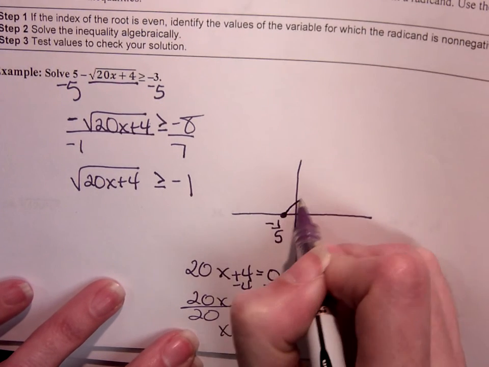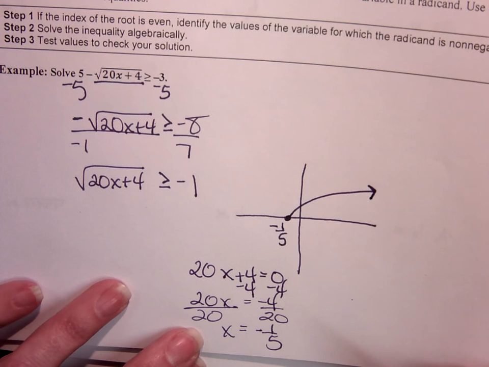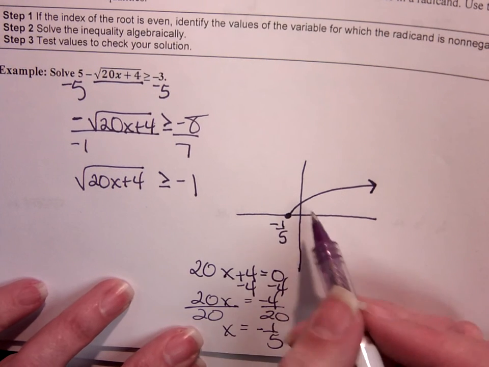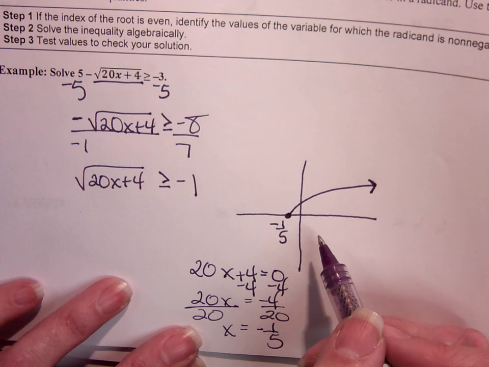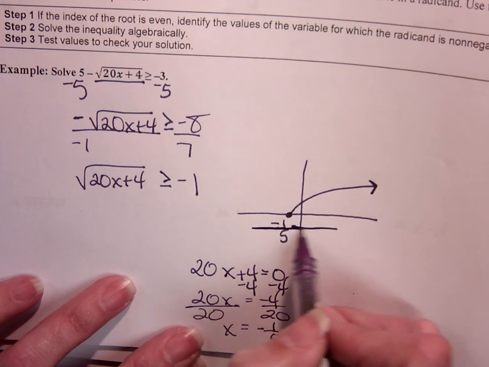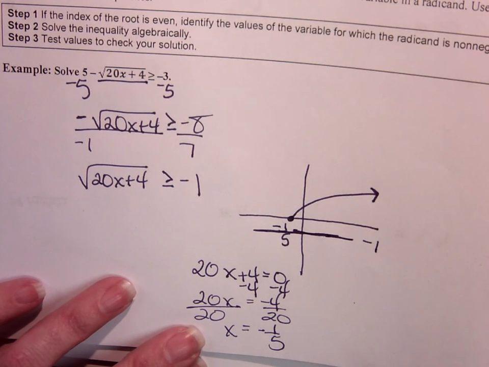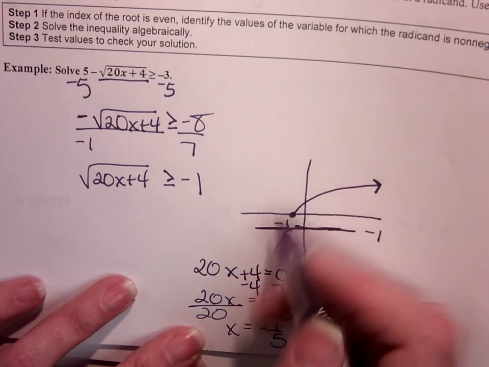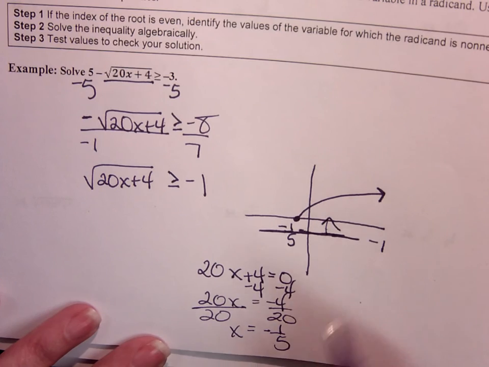Sorry. So if I mark negative 1/5 here, my square root curve we know looks like this. And I want to know when it's greater than negative 1. Well, negative 1 is down here. So this function is always greater than negative 1.